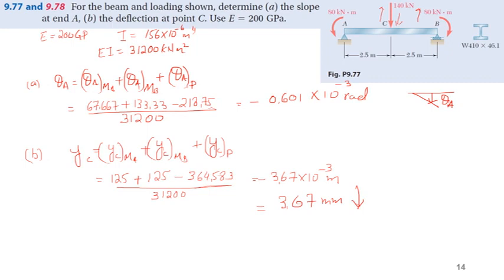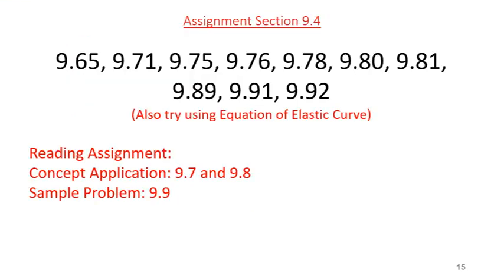So by using the table and applying the method of superposition, we can find the values of deflection, as well as the slope acting on the structure. These are the assignment problems related to this method of superposition for statically indeterminate and determinate beams both.